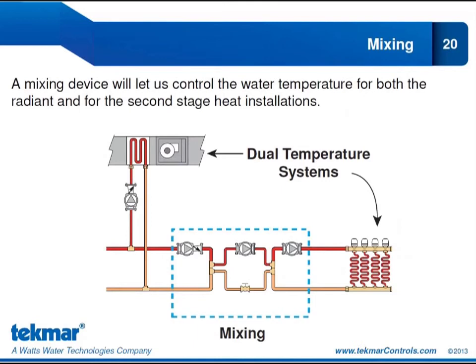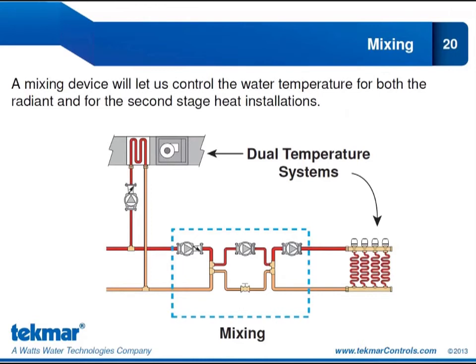Including a mixing device in our design when we're talking about radiant installations and second stage heat terminals is an important consideration. Typically, the radiant is going to be operating at a lower temperature than that of the second stage heat installation. So to avoid compromise, because that's what it would be if we put the radiant and the second stage heat on the same water temperature, that would be a compromise in performance.